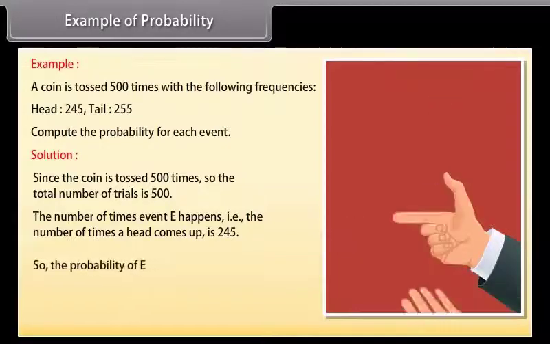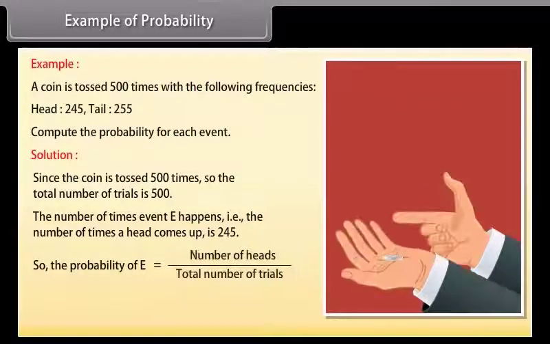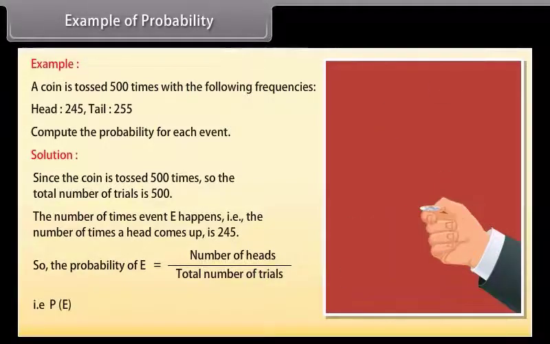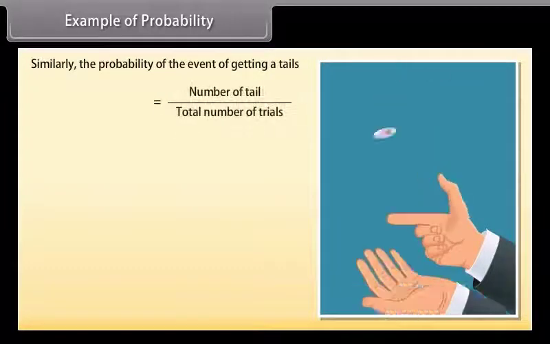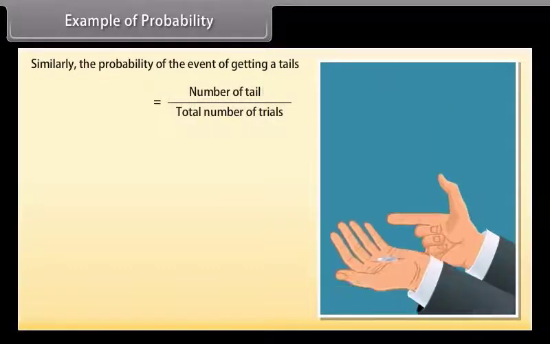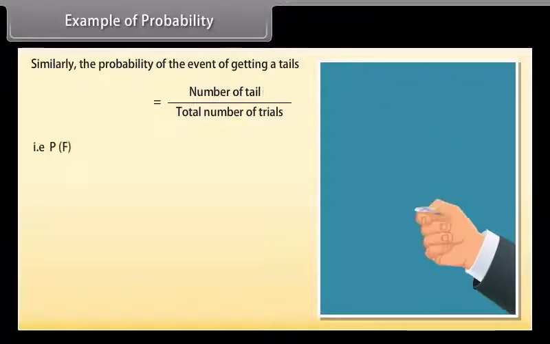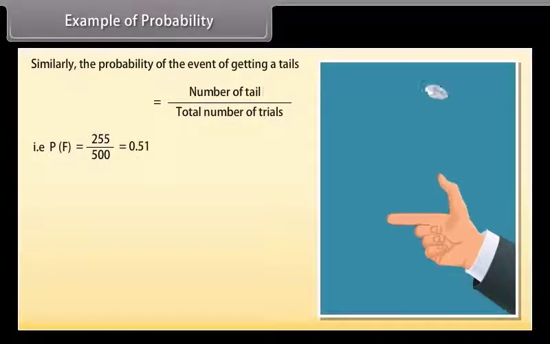So the probability of E is equal to number of heads upon total number of trials, that is, P(E) is equal to 245 upon 500, which is equal to 0.49. Similarly, the probability of the event of getting a tail is equal to number of tails upon total number of trials, that is, P(F) is equal to 255 upon 500, which is equal to 0.51.